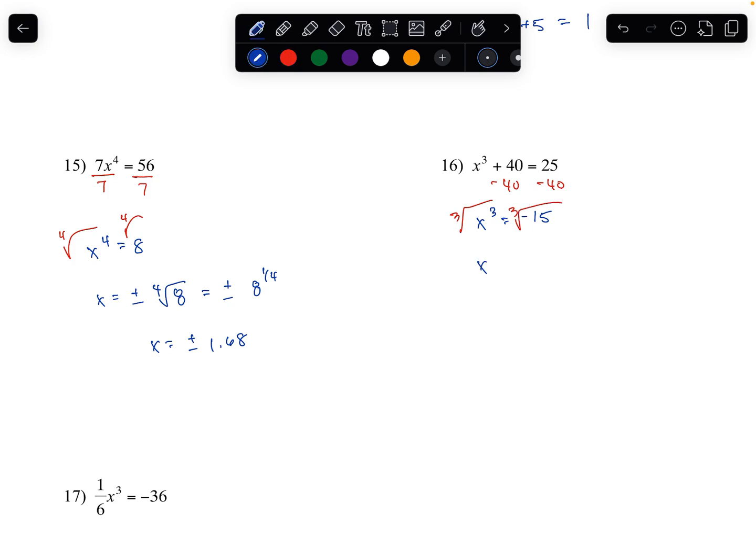Okay, so I get x is equal to the cube root of negative 15. You can leave your answer like that, but if you want to type it in, raised to the 1 divided by 3, I get that this is equal to negative 2.47. This will not be plus or minus because it is an odd root, so it's just going to be negative.